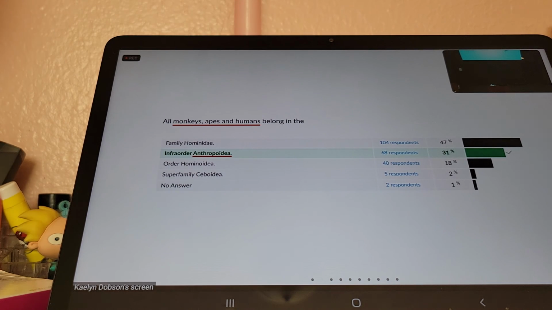That's apes and humans, not monkeys, right? So I don't know if it was the fact that you've got the group and then the name that caused confusion. But monkeys, apes, and humans, said several times, are the anthropoids. They are the anthropoids, and they belong to Anthropoidea.